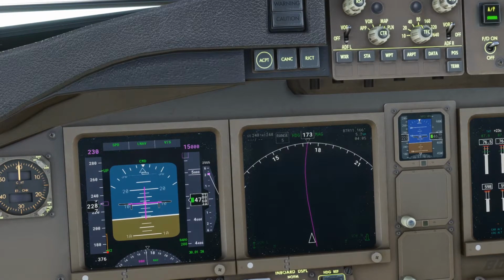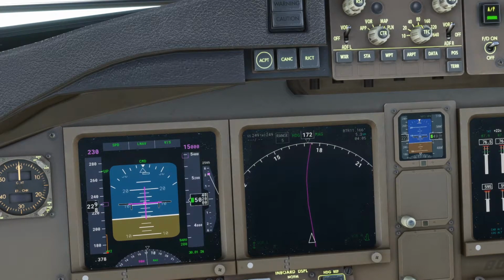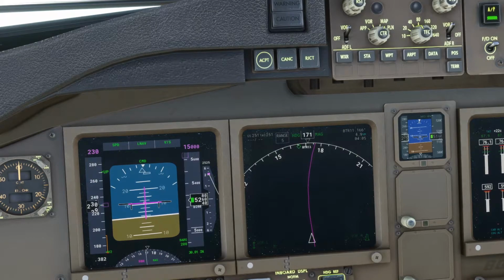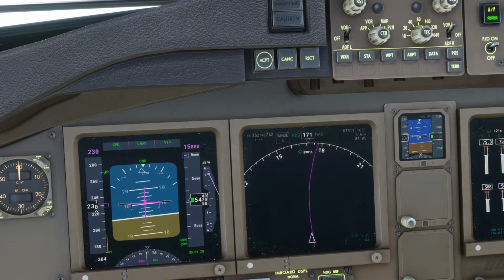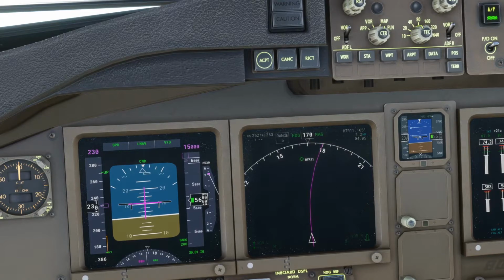As I told you before, what I've observed is that below 10,000 feet, everything works perfectly all right. But as soon as you're above 10,000 feet, then there is an issue. So far you can see that everything is good.